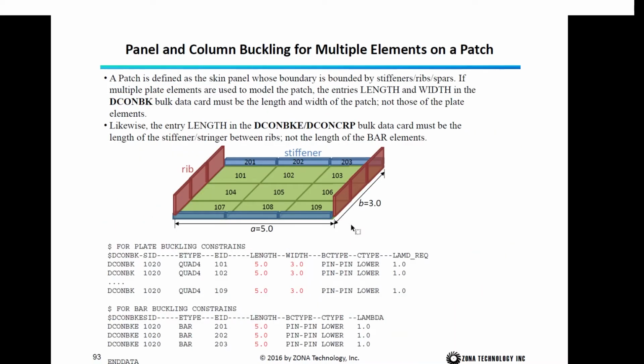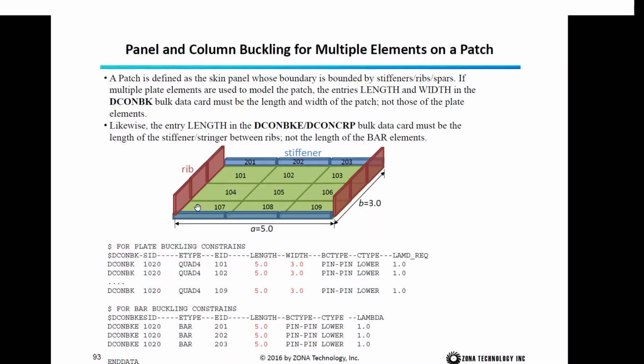Okay. An important note is that if you have several panels surrounded by, constrained by stiffeners, ribs, or spars, and we want to impose the buckling constraint of those plate elements, the length and the width must be the whole length and the whole width of the whole stiffened panel bay.